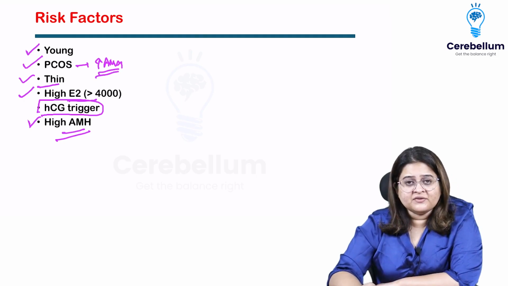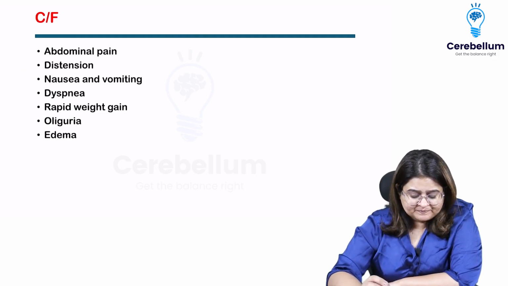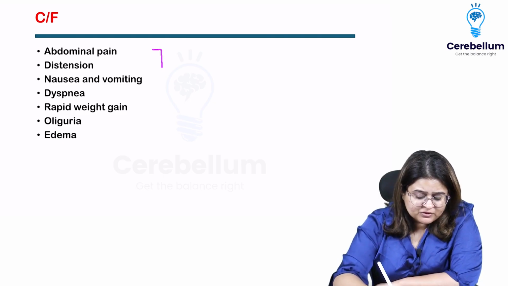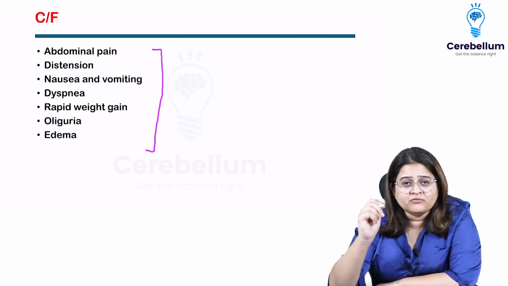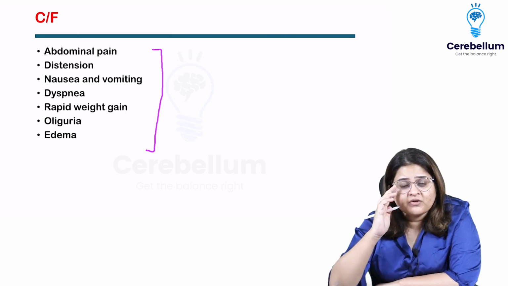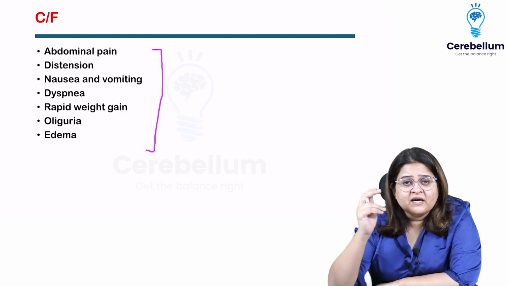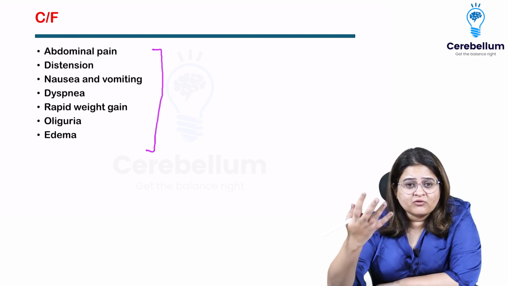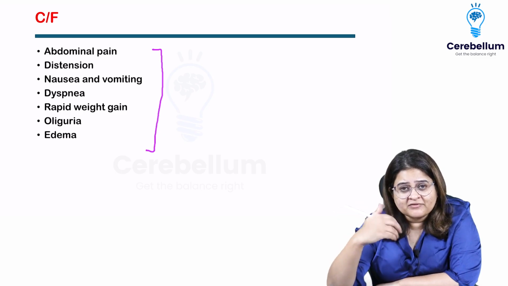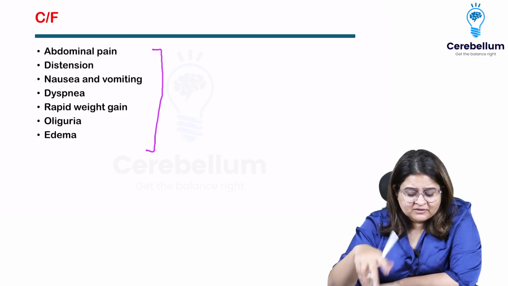So that is again a risk factor for OHSS. The patient will usually present following a history of oocyte pickup, or she's undergoing controlled ovarian hyperstimulation in an IVF cycle, and she comes with pain, bloating, abdominal distension, nausea, vomiting, she's breathless, or she's gone into renal failure. There'll be oliguria.